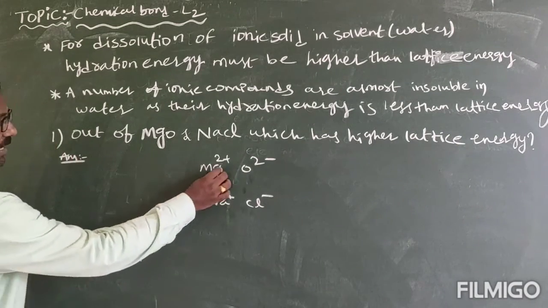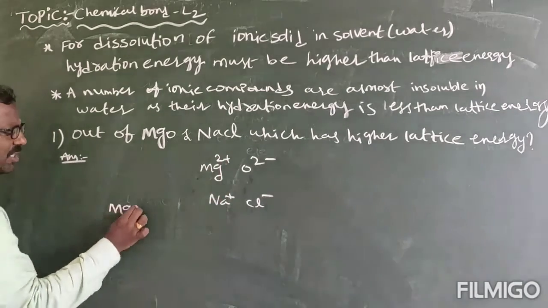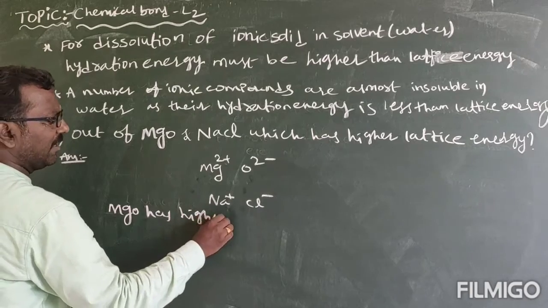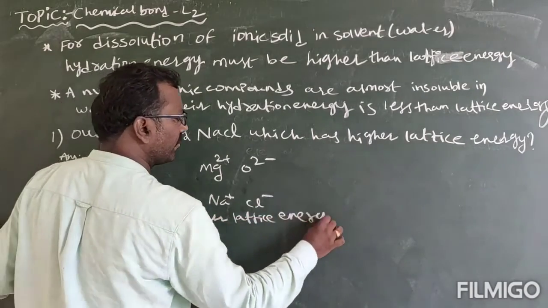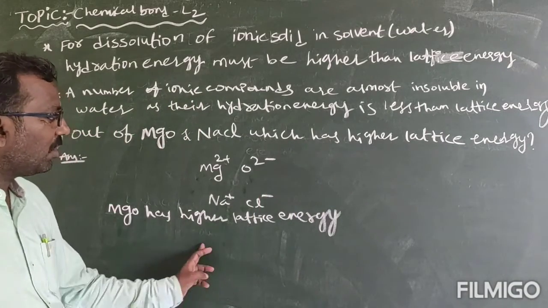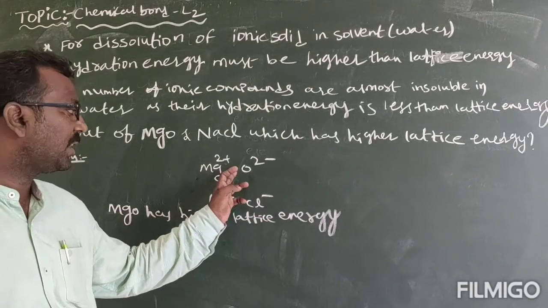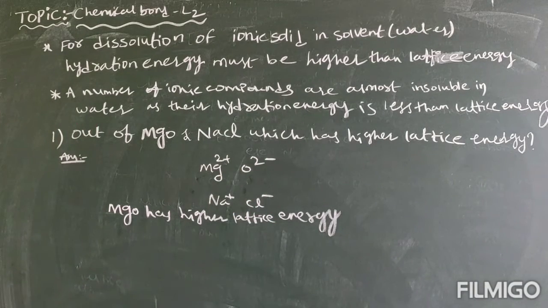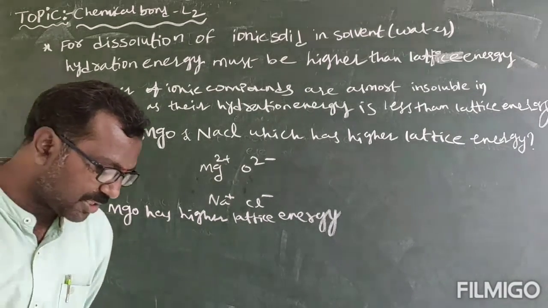So the larger one is Mg2+. So MgO has higher lattice energy, because here it is 1 to 1, but there the unit charges are double.